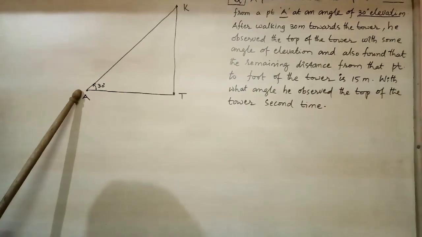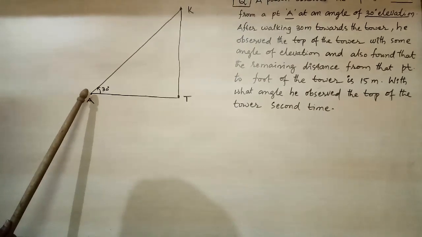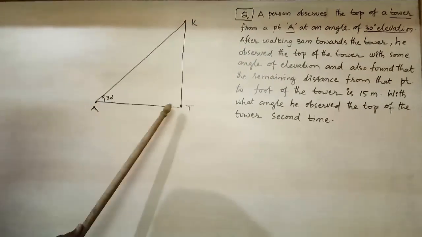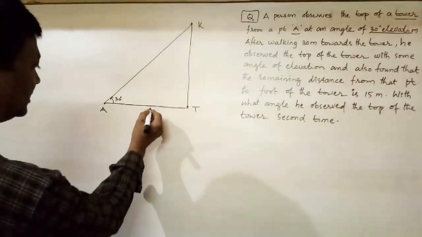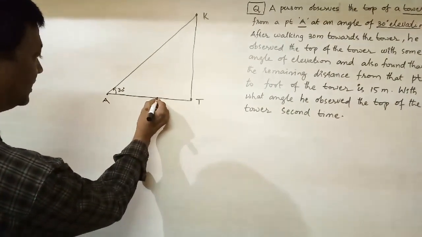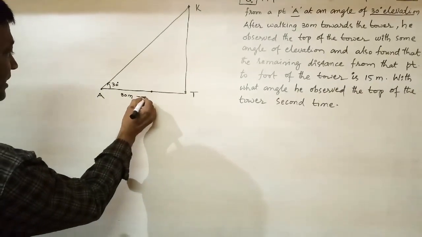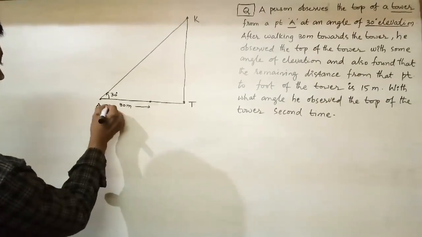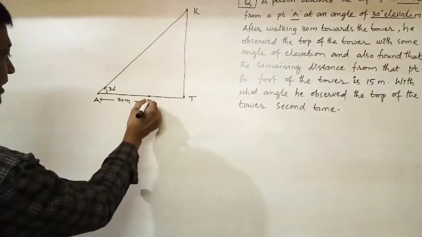From this point he is walking towards the tower. He is walking from here to the foot of the tower, a 30-meter distance from point A. Let this point be B.